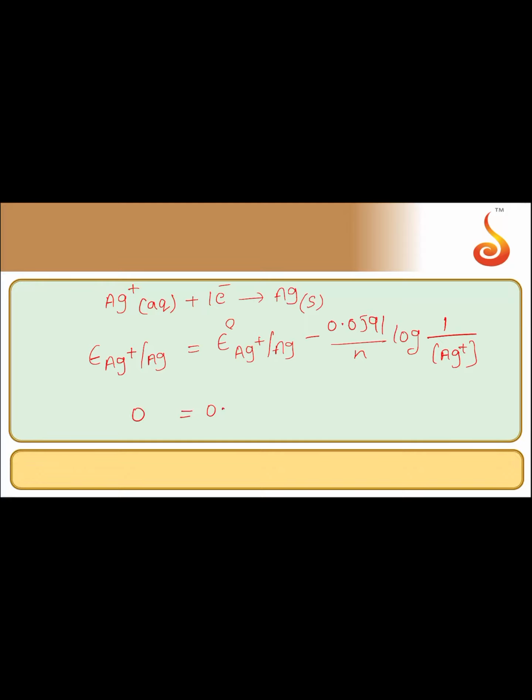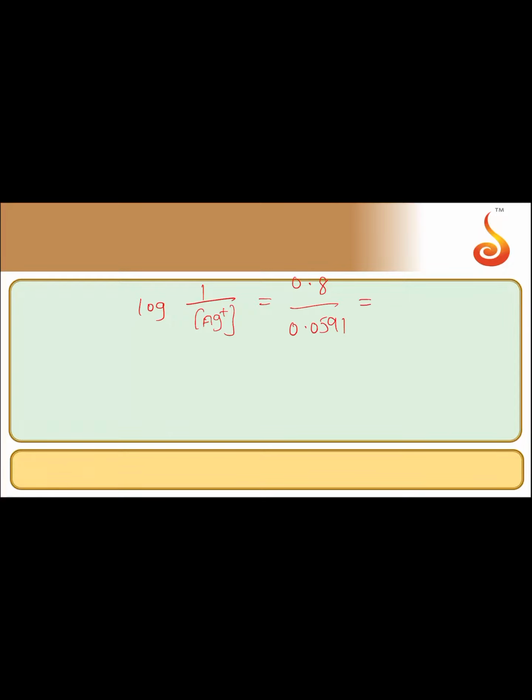E0 value is 0.8 minus 0.0591 by number of electrons, 1, log 1 by Ag+. Here we can consider log 1 by Ag+ is equal to 0.8 by 0.0591.